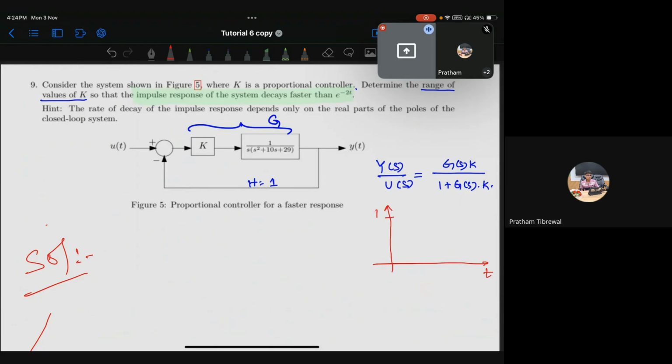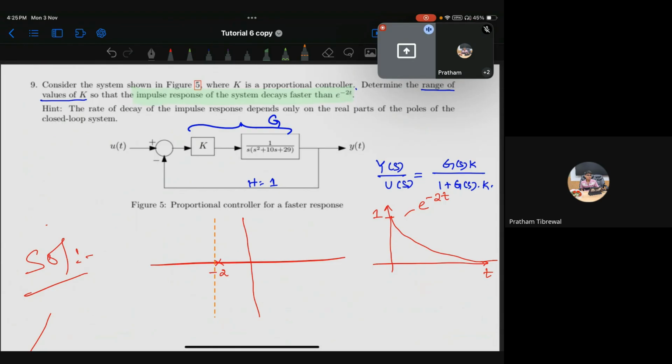It starts at 1 and goes down like this. This is e power minus 2t. Basically it means that in the system there is a pole at minus 2.